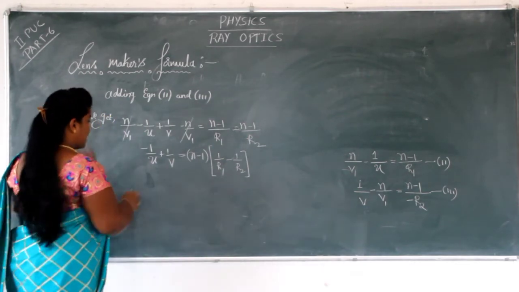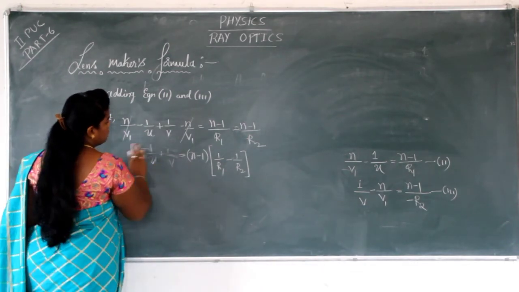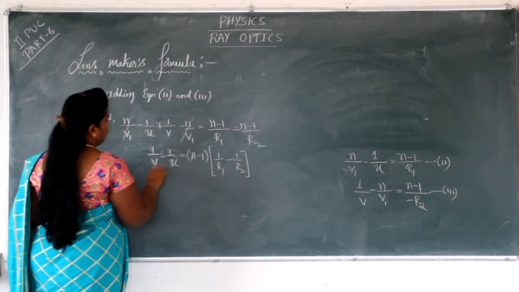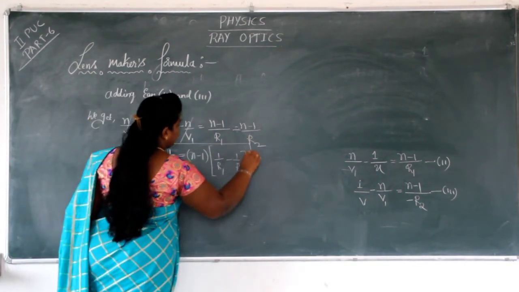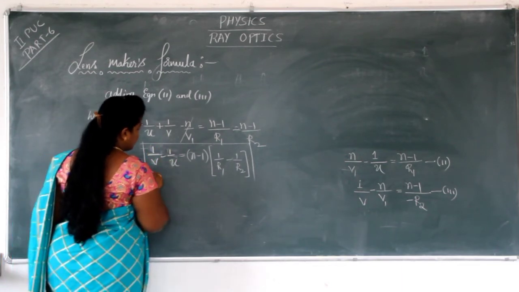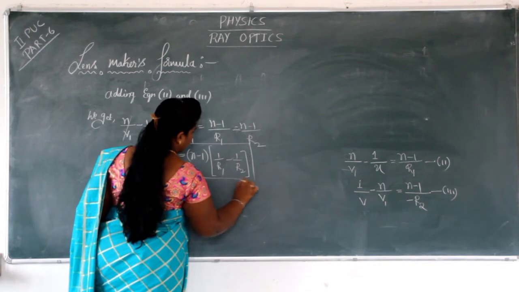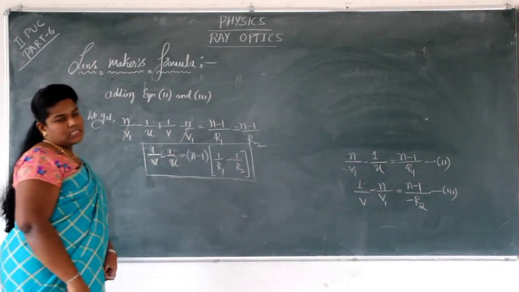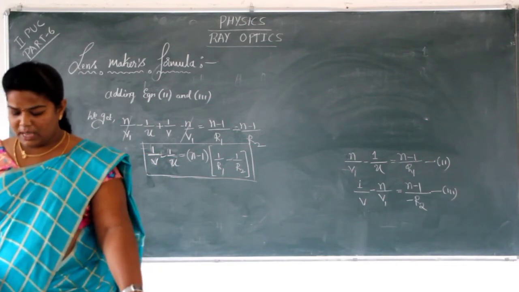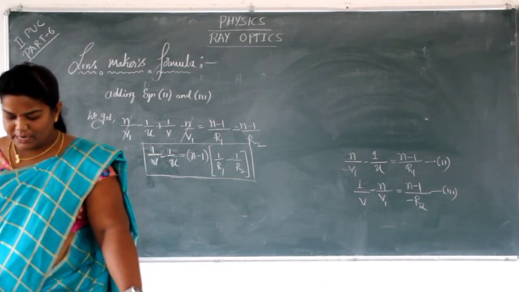Dear students, I am rearranging this, so it becomes 1 by V minus 1 by U. So we finally got the expression: 1 by V minus 1 by U is equal to N minus 1 into 1 by R1 minus 1 by R2.